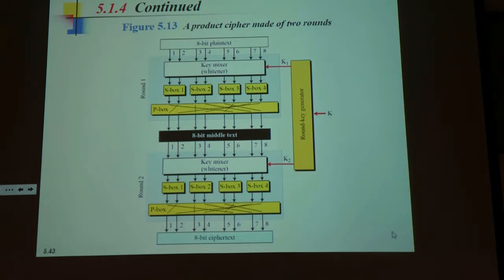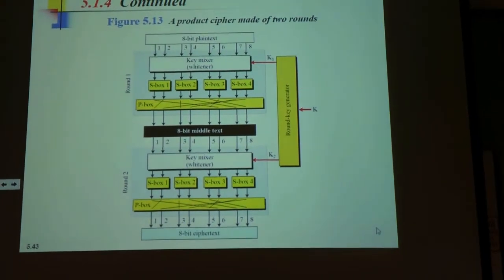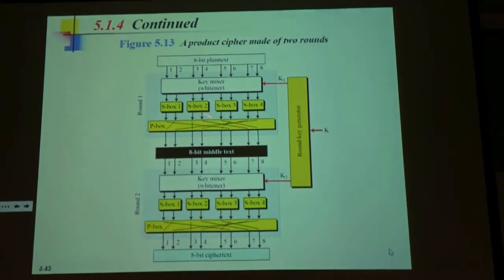Key mixer. And then you divide the data into S boxes. If the size of the box is 2 bits, how many S boxes do I need? 4. So that's what I created. We call them substitution boxes. Then we have a P box.